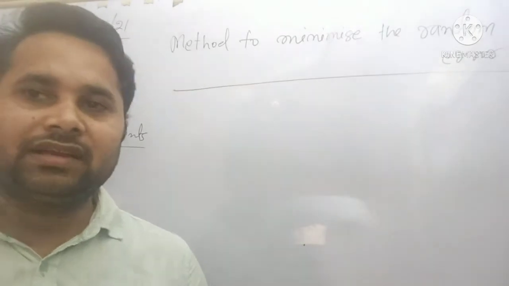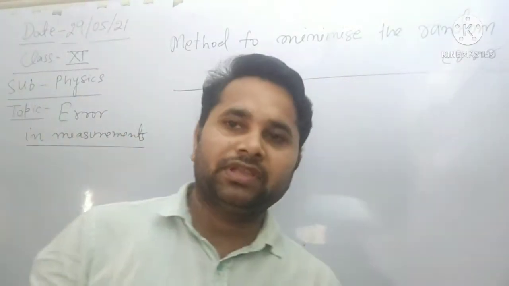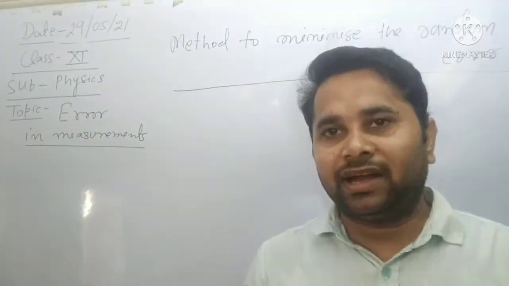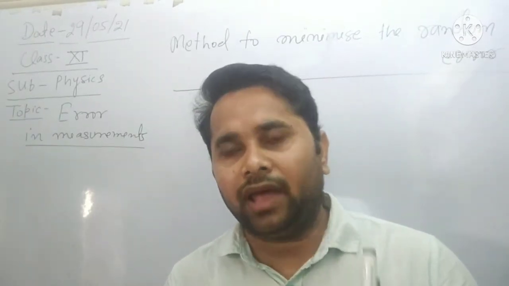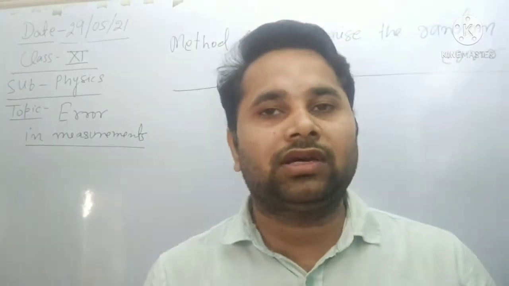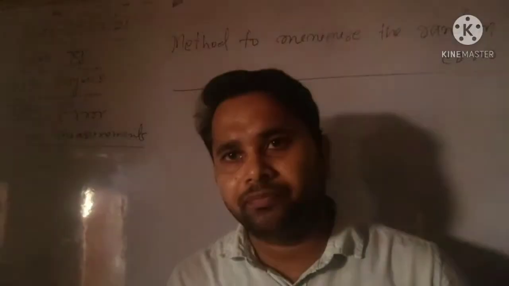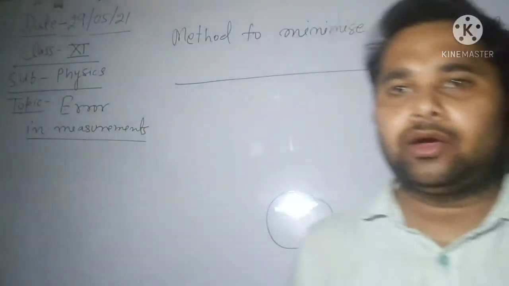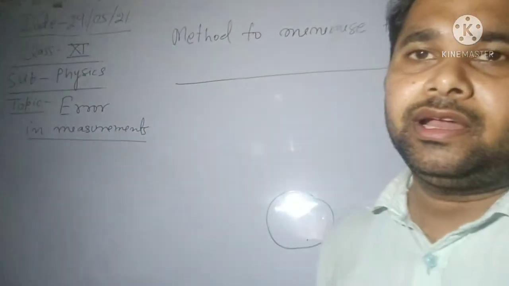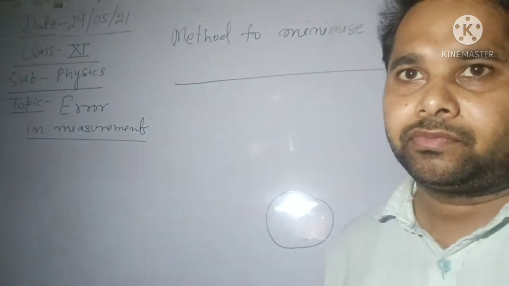How to minimize the random error from your measurement. What is random error? I am repeating again. Random error means the type of error which occurs in your measurement randomly. So here we are going to discuss how to minimize the random error from your measurement.